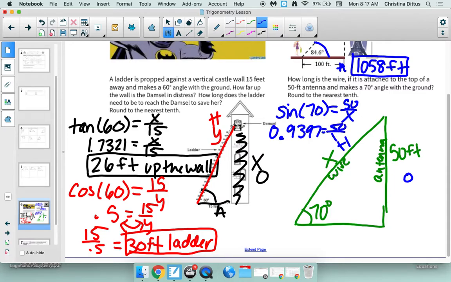You know what? The first three are always right, just that last one. How do I get x by itself? Swap them. So what I'm plugging in is 50 divided by 0.9397. Nearest tenth gets me how much? 53.2.